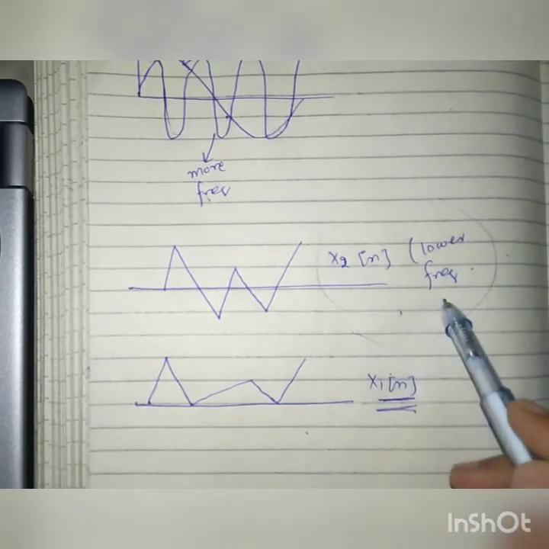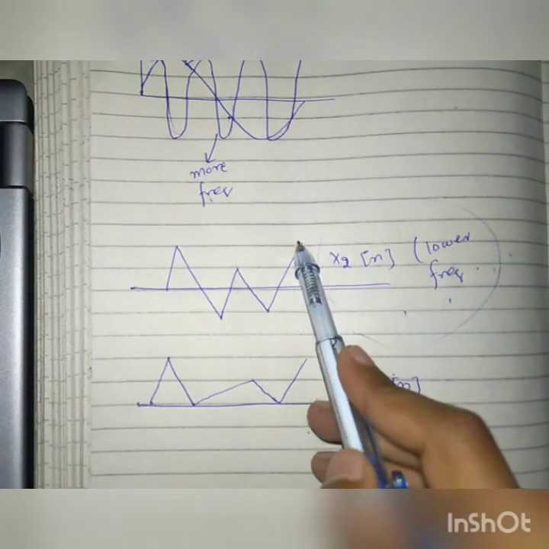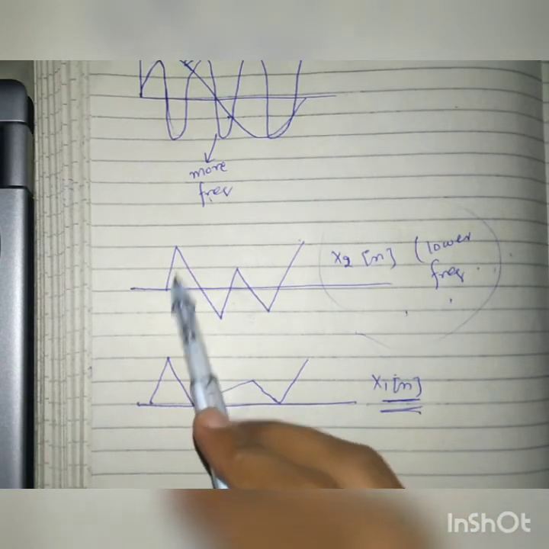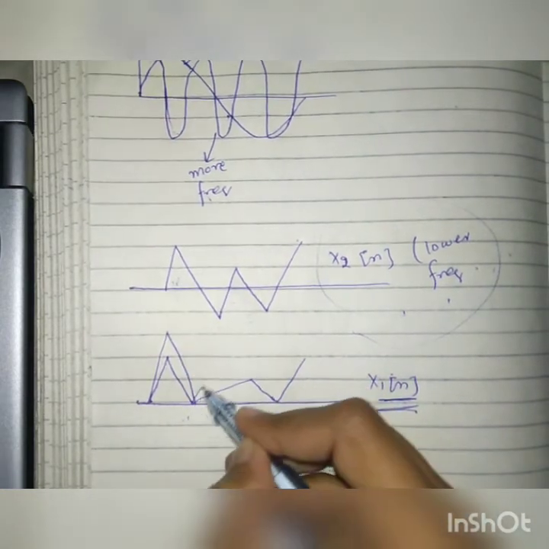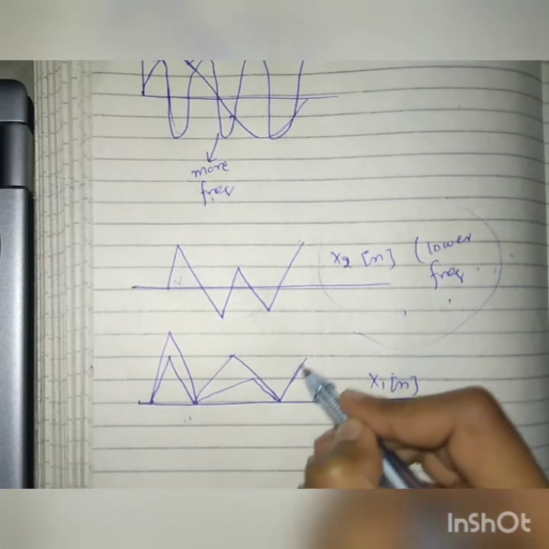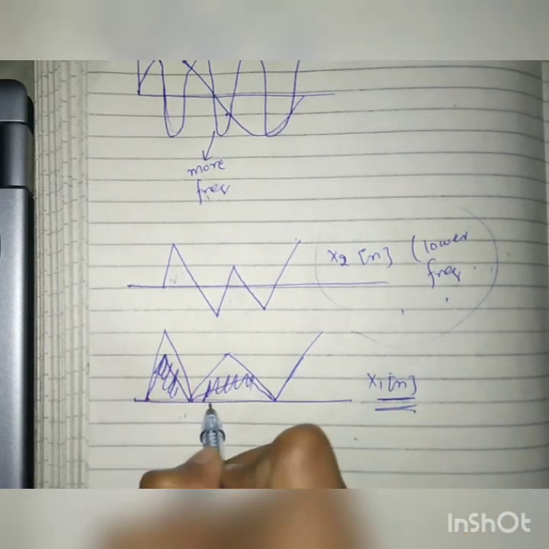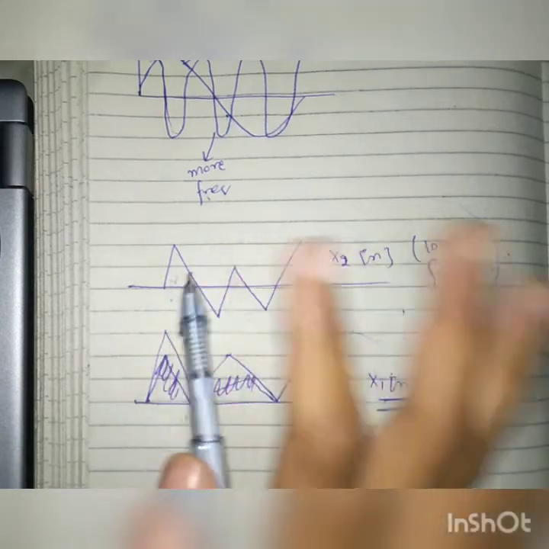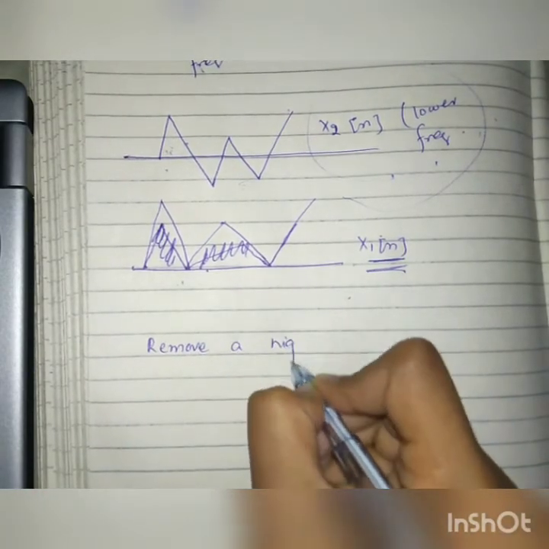So we can see that it has more spikes and more fluctuations. Sorry, I missed one thing. I should have drawn this signal larger because its magnitude is also going to decrease. So if this is our original signal, this will be our lower frequency removed component with lower magnitude but more fluctuations.